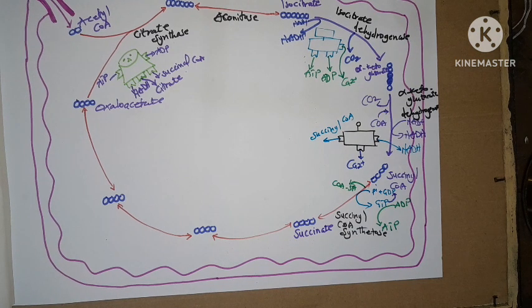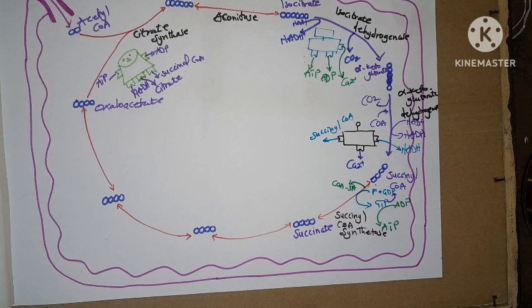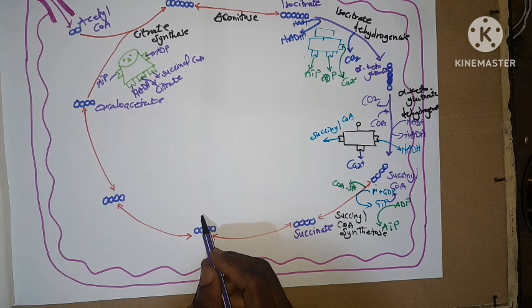And with this succinate, an enzyme known as succinate dehydrogenase will come in and convert this succinate to another 4-carbon molecule known as fumarate. So this is the fumarate.